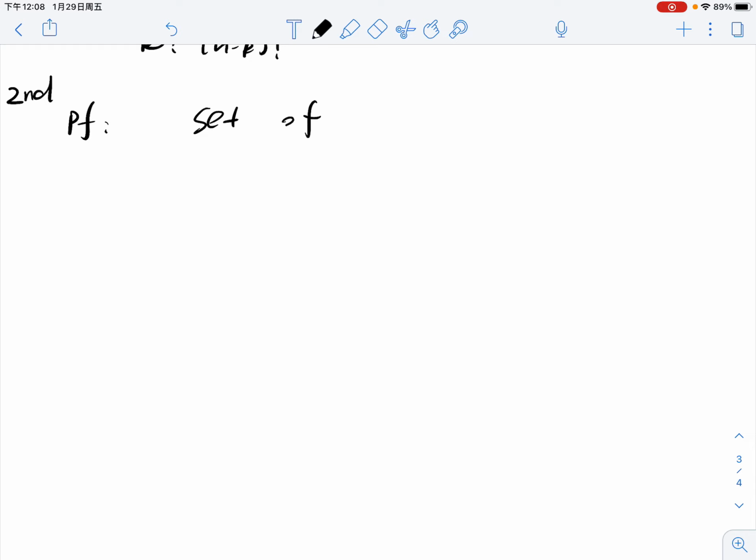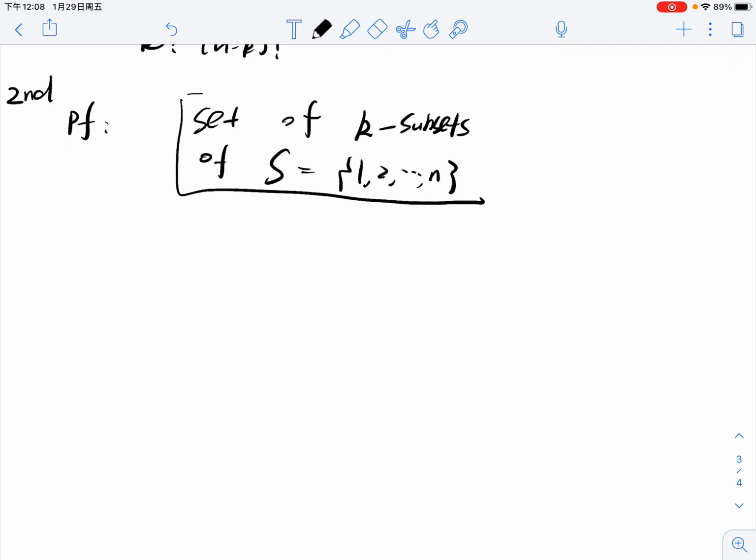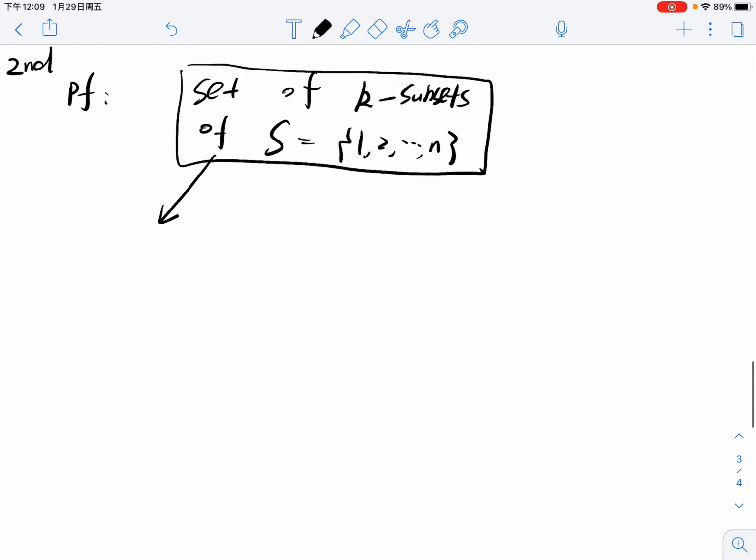So we consider the set of all k subsets of S, where S is 1 to n. And note that each k subset either contains 1 or doesn't contain 1. So we can split the whole set into two parts.